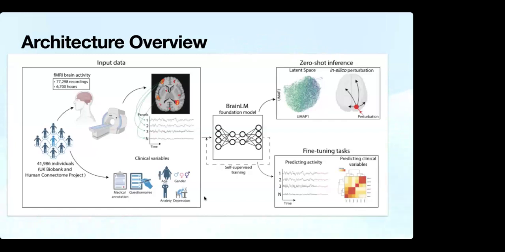So the clinical variables are different data that was collected during the fMRI study of these individuals in the UK Biobank and HCP data sets. So some of these data points include different survey questions that were asked to the subjects, some of their demographic information, as well as what disorders they were having at the time.